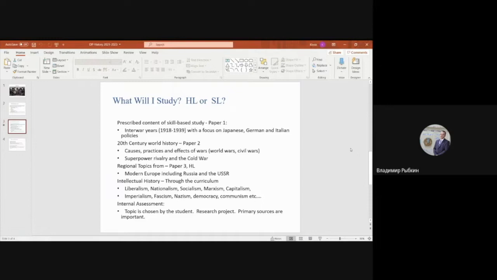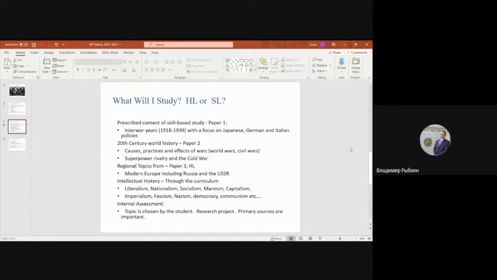We will study and discuss the causes, practices, and effects of 20th century wars: First World War, Second World War, different civil wars, etc. And the second big topic for paper 2 is superpower rivalry and the Cold War. It's a period after the Second World War. It's the most significant part, and it weighs more.